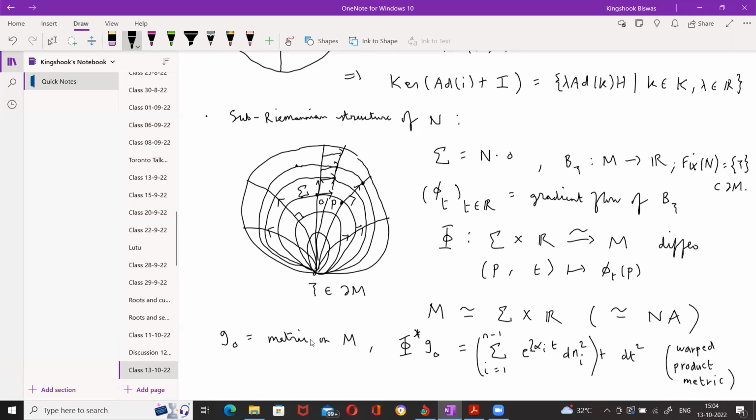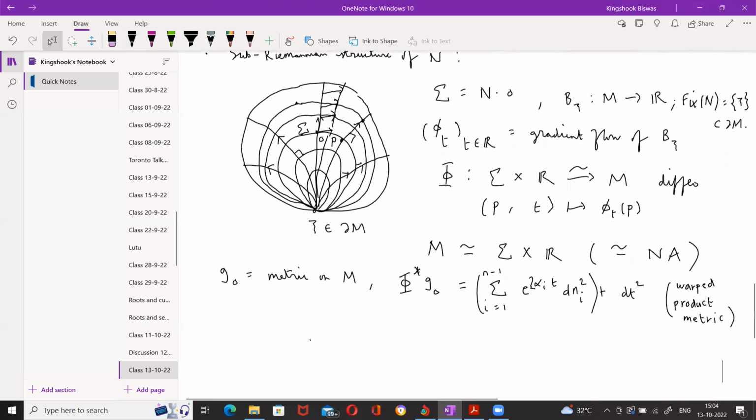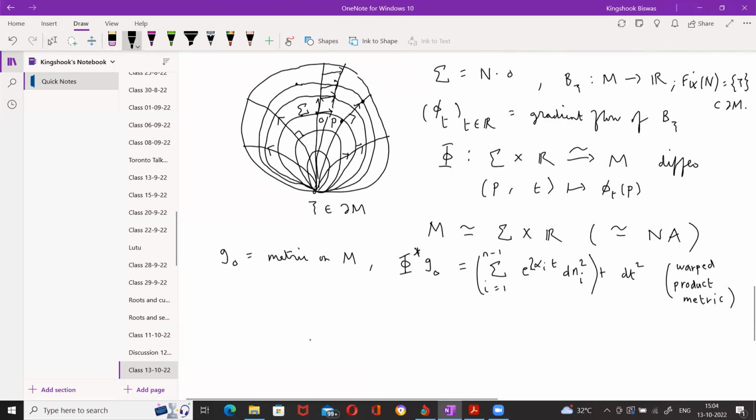Now, this is the metric basically. If I restrict to a level set here, sigma_t, which is sigma cross singleton t, that corresponds to a horosphere at height t.